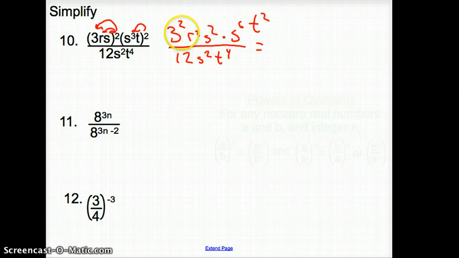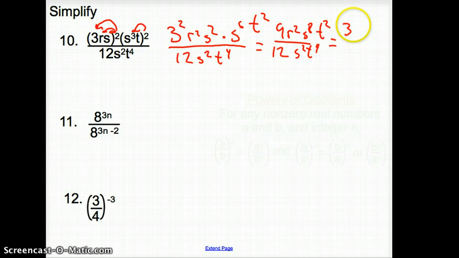I'm going to write it again. I'm going to combine all of this stuff on top. Well, we have 3 squared is 9, r to the second, s to the eighth, t to the second, over then we have 12 still, s to the second, t to the fourth. Simplifying 9 and 12, that goes to 3 and 4. We have no r's on the bottom, so there's nothing to subtract from an r squared.